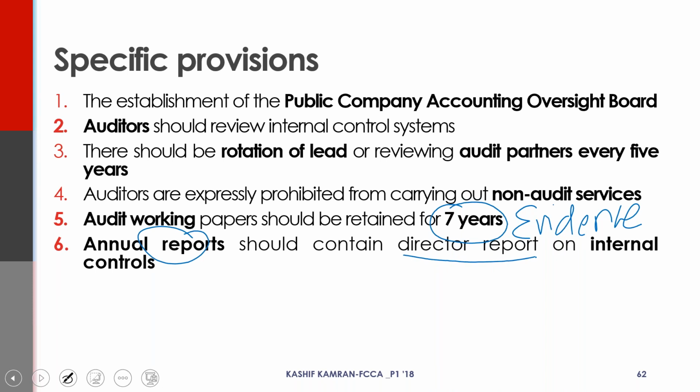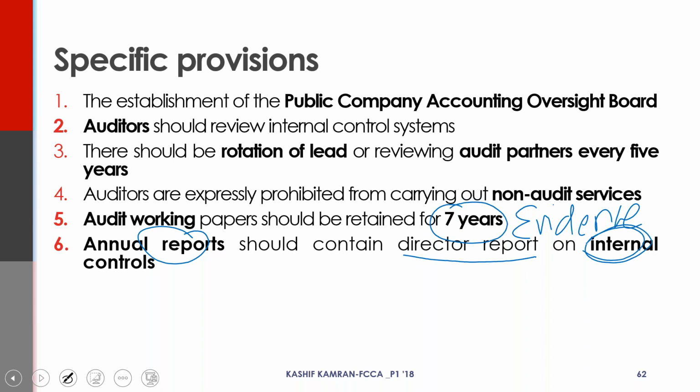Sarbanes-Oxley is saying that the director needs to report not only on the performance, which has been happening for many years, but the director has to report on the internal controls too. The director needs to inform the shareholders whether the internal controls are strong or not. So the directors have a responsibility now to tell the shareholders whether the controls are effective or not.